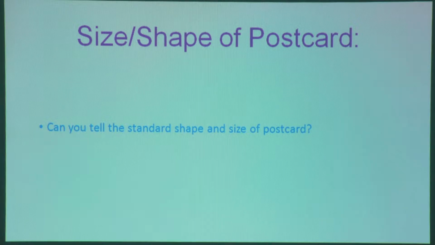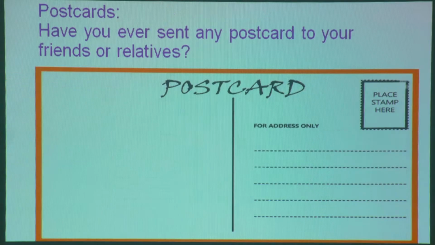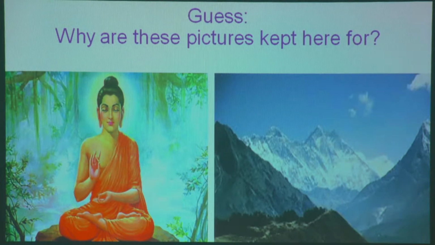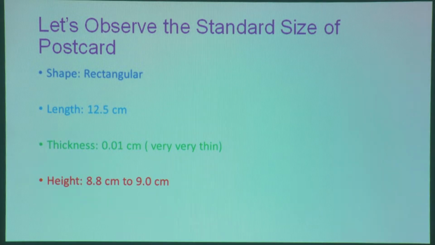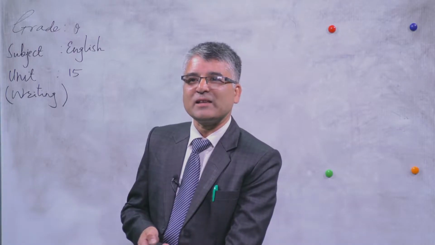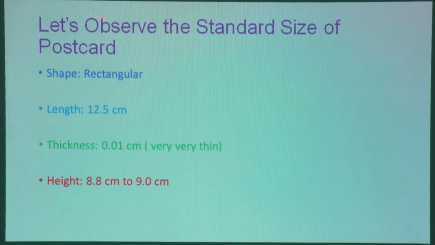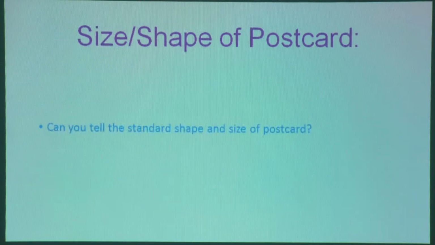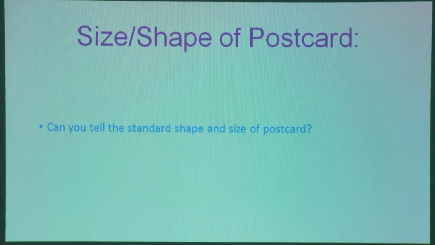Can you guess what the size and shape of the postcard could be? Let's find out the actual size and shape. It is rectangular, right? We can see this is the length, this is the breadth, and there is thickness as well.